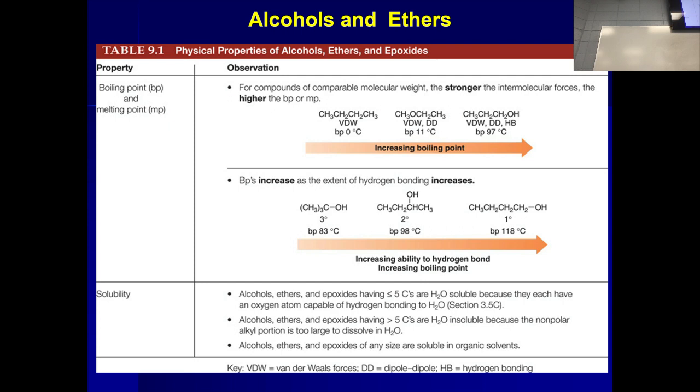I can't get 2 molecules of the alcohol very close to one another. The secondary alcohol has less junk around it. It can get a little closer, so the boiling point goes up. That means the bond is stronger, right? And this one being primary, this can form very strong hydrogen bonds, okay? And so you go from 83 degrees Celsius to 98 degrees Celsius to 118 degrees Celsius, simply by forming stronger hydrogen bonds.